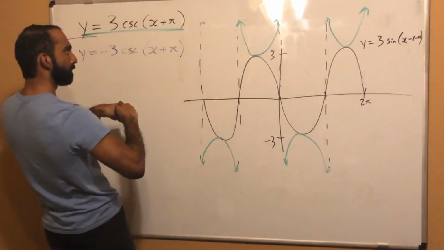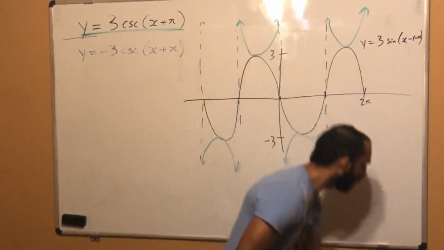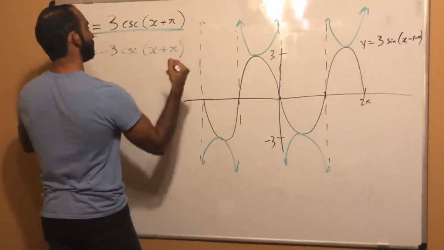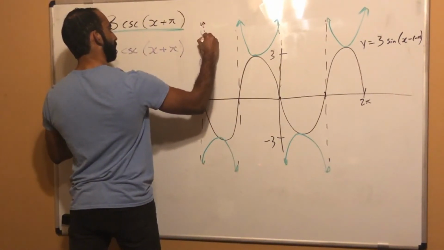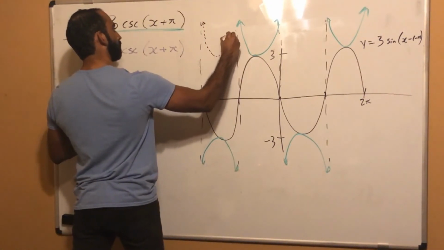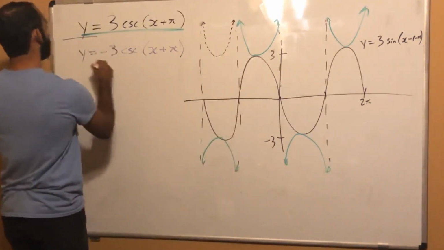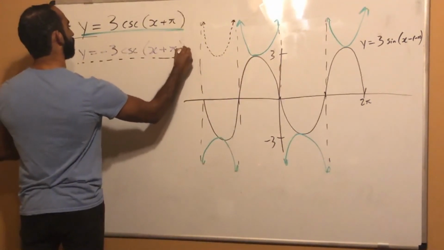So I'm going to do this in a dotted black. You have to flip it over the x-axis.